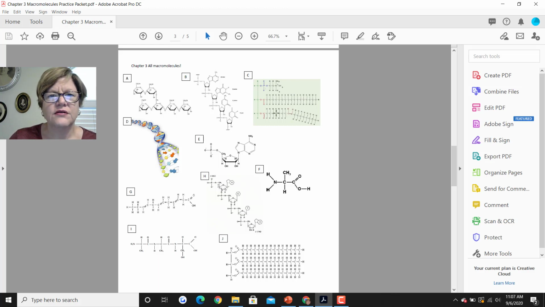You might have been looking at C, and C is something we're going to talk about. But the reason C is not strictly a fat is that you'll notice that on this first carbon, there's a phosphate group and there's some other stuff here, so it looks kind of not quite right. Now on the second carbon and the third carbon, you do have fatty acids.